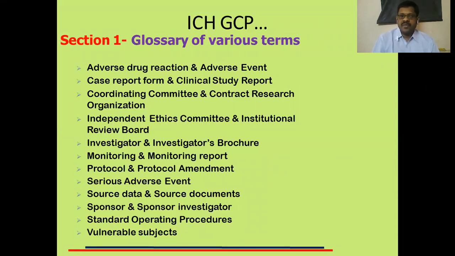We should not use that. Everybody should use the same word, investigator. That represents the scientific team working behind that clinical trial. Monitoring report, protocol amendment, serious adverse events, SAE, source data, like that. There are many standard glossaries we are using. This is under section 1.